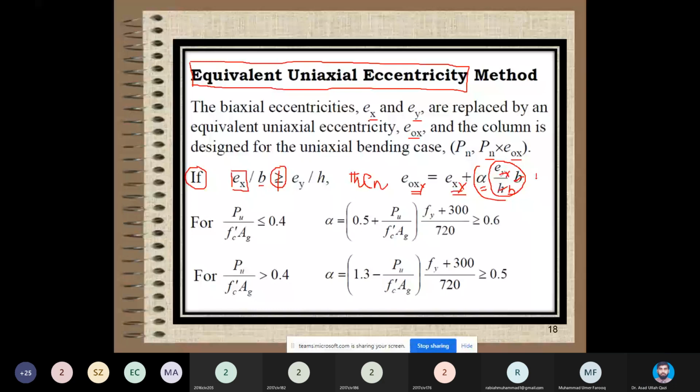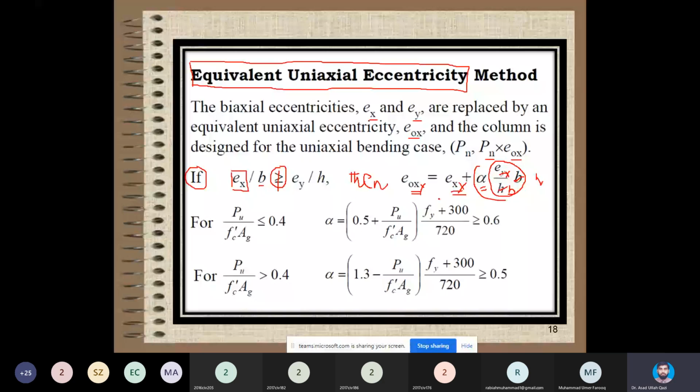So vice versa you can also calculate that. Rather than E naught x, if this condition is not fulfilled, then it means controlling eccentricity will be E naught y, and the corresponding value you can calculate by summing up Ey plus alpha times Ex over b into h.